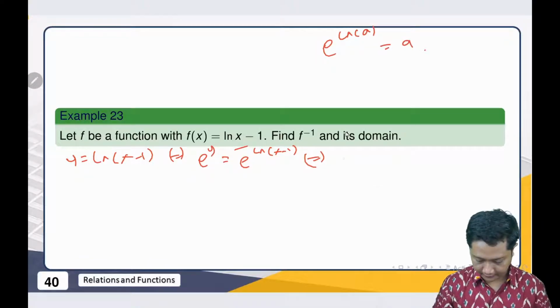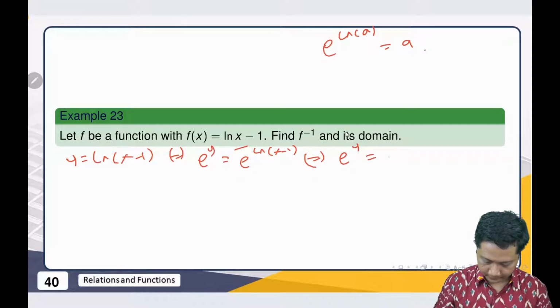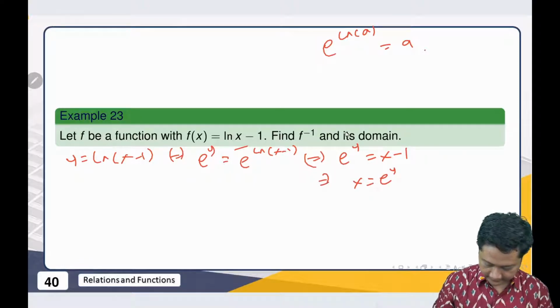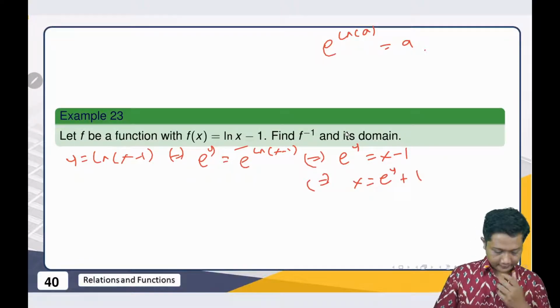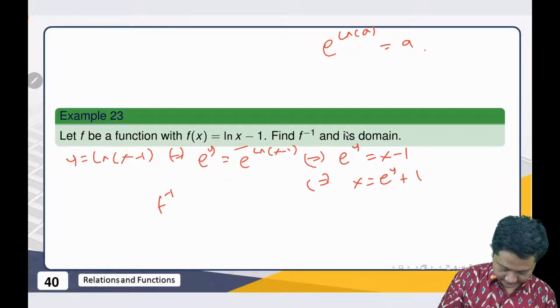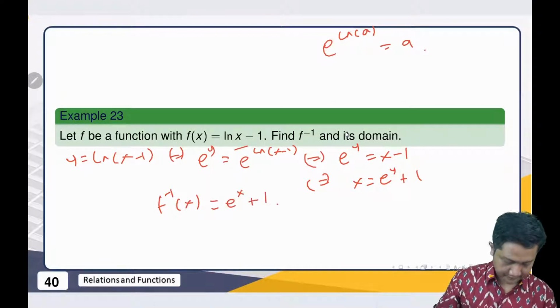Okay, so we have e to the y is equal to x minus 1. So x is equal to e to the y plus 1. Then f inverse x will be equal to what? e to the x plus 1.